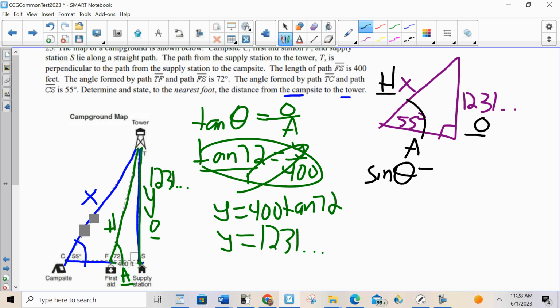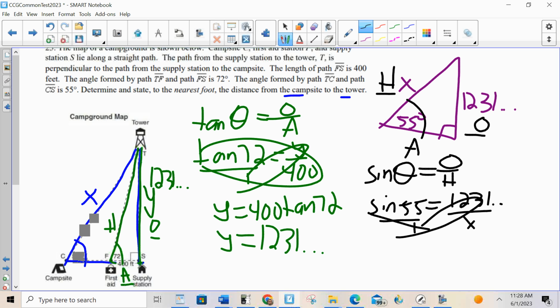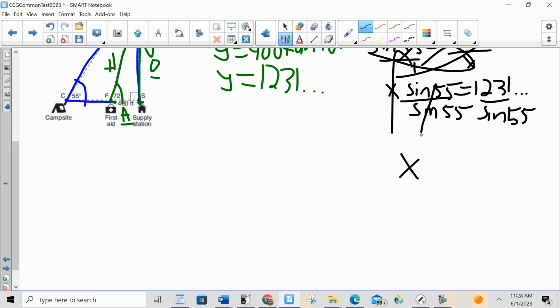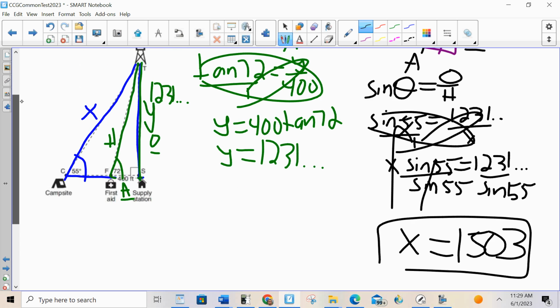So it's sine theta equals O over H. Sine of 55 equals 1231 over X. Cross multiply, X sine 55 equals 1231 dot dot dot. Divide by sine 55. Pop it into the calculator. X equals 1503 rounded to the nearest integer, or whatever it said to round to, nearest foot.